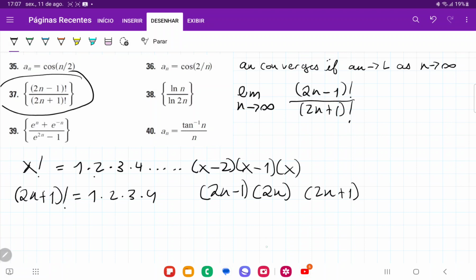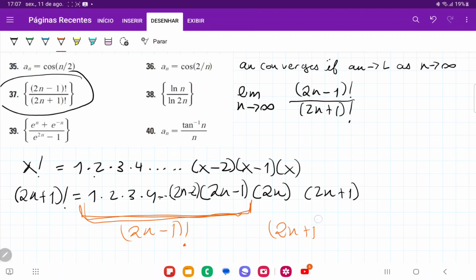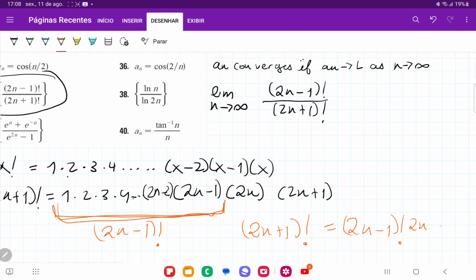We're going to go removing 1s, and then this would be 2n minus 2, and so on. And so we can see here that if we compare it, this part is just (2n minus 1) factorial, right? So it turns out that (2n plus 1) factorial is going to be equal to (2n minus 1) factorial, and then times 2n, and then times (2n plus 1).